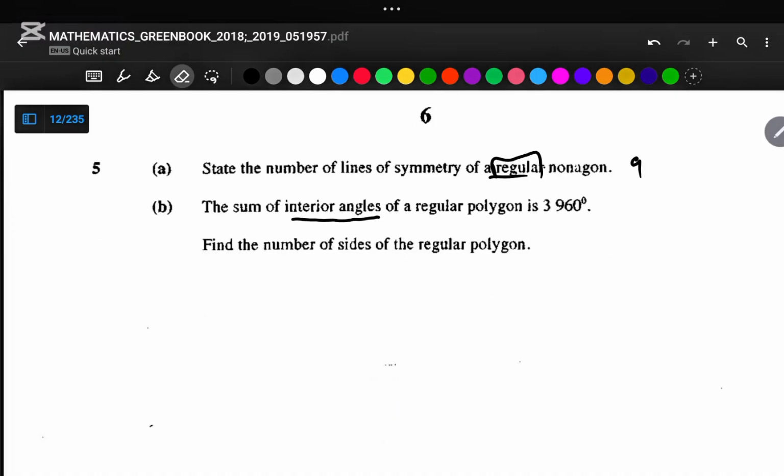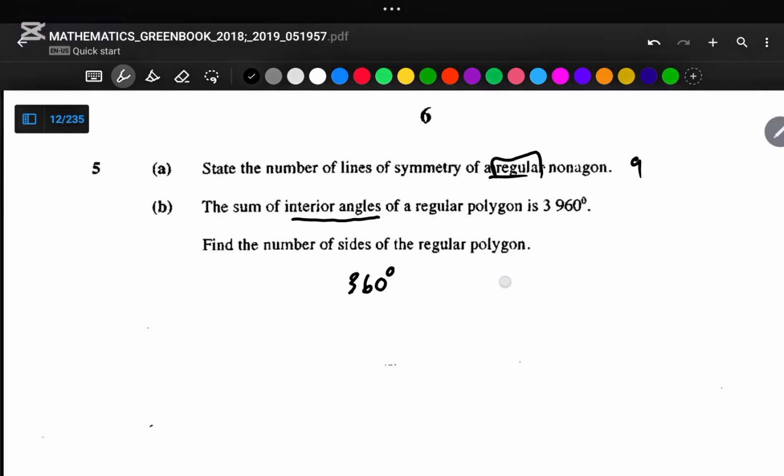Okay, so we are required to calculate the number of sides of the regular polygon, given that the sum of interior angles of the regular polygon is 3960 degrees. So what we know about polygons is that the sum of exterior angles is equal to 360 degrees. So the sum of all exterior angles is equal to 360 degrees.